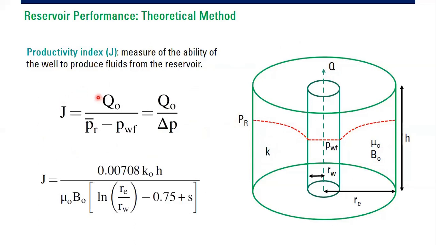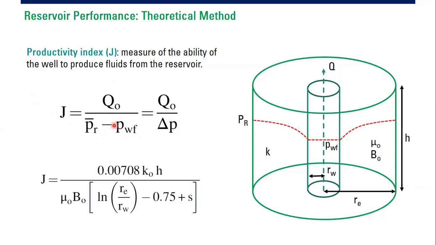Productivity index is oil flow rate or liquid flow rate divided by the pressure difference between the average reservoir pressure minus the bottom hole flowing pressure, or Q over delta P. So this describes the productivity of the reservoir.